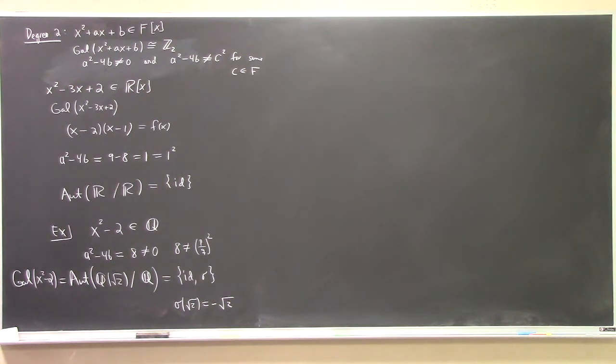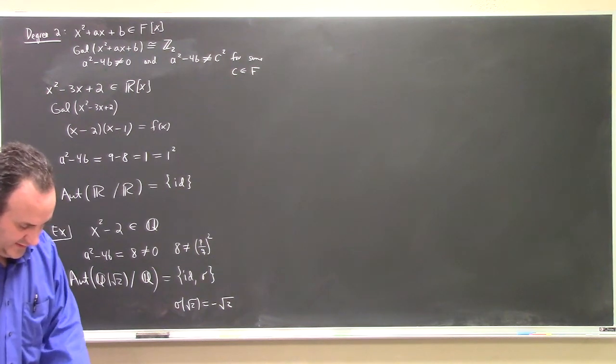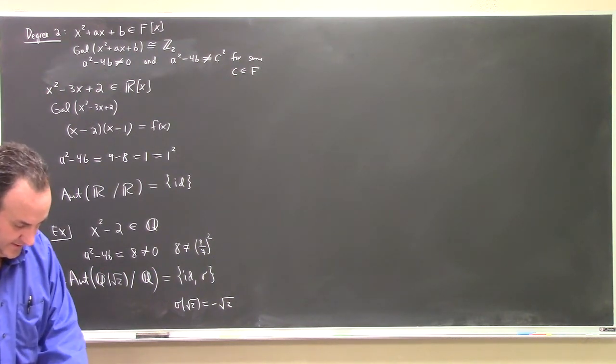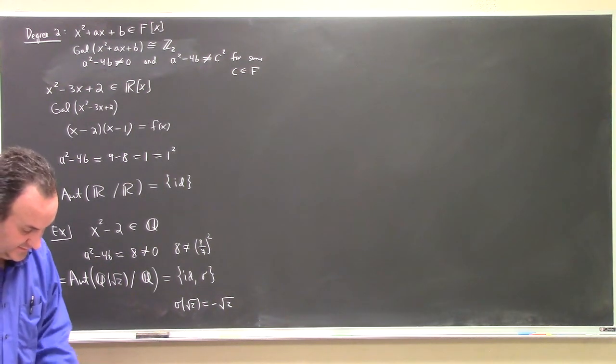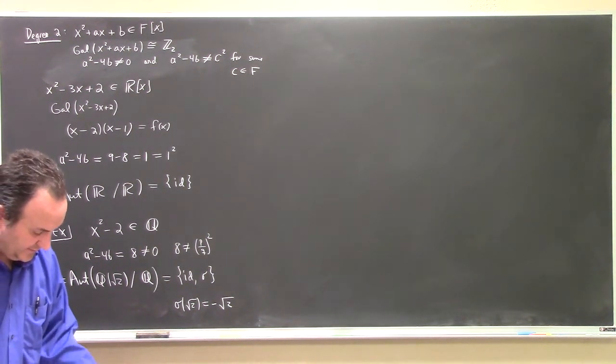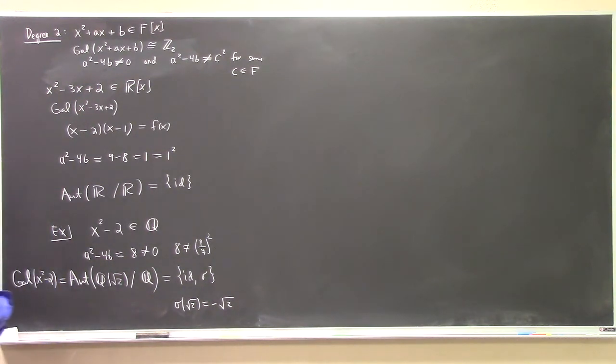Now, the cubic case: what are the possible Galois groups of a cubic polynomial? That's the next thing we're talking about in section 14.6.